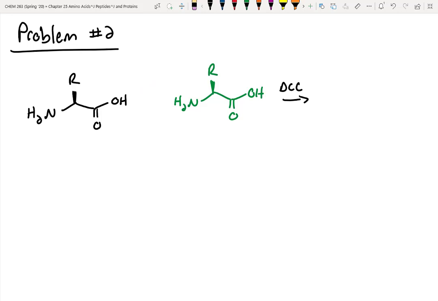So what if this nitrogen reacted with this carboxylic acid group? Then instead of getting our correct sequence of amino acids, it would actually be inverted, right? It wouldn't be the same anymore. Or we could have two of the black amino acids react together, making their own unique polypeptide or dipeptide. Or we could have two green amino acids react together.